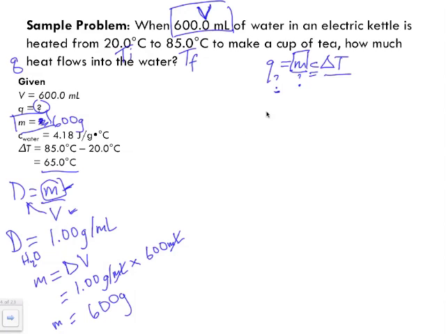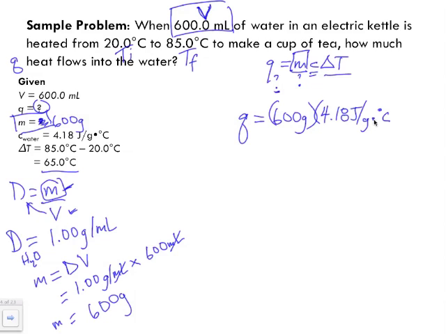Now we're going to substitute into this equation Q is equal to MC delta T. Q, we don't know what it is. M, we do know. M is 600 grams. Our C value is 4.18 joules per gram degrees Celsius.